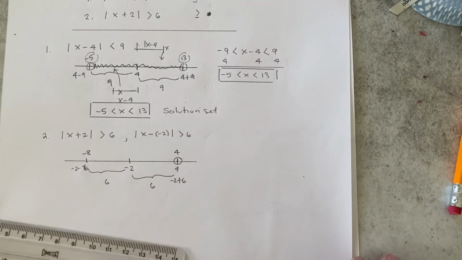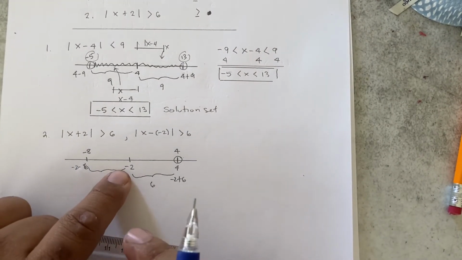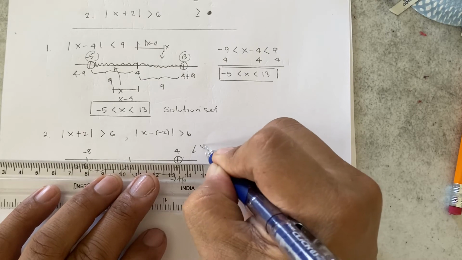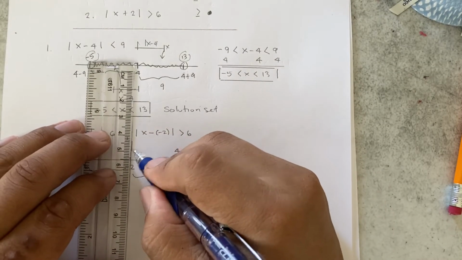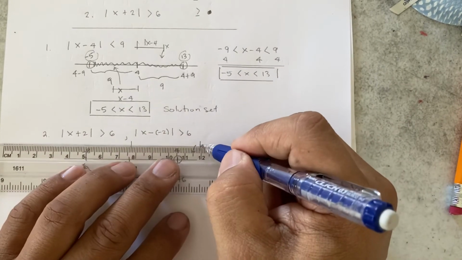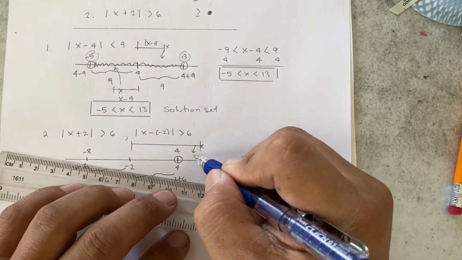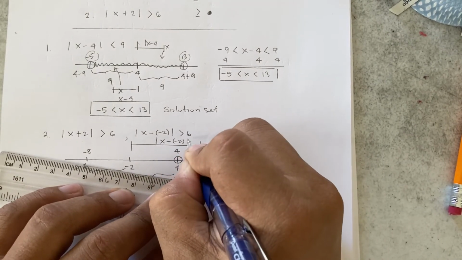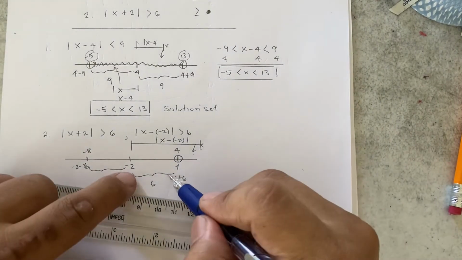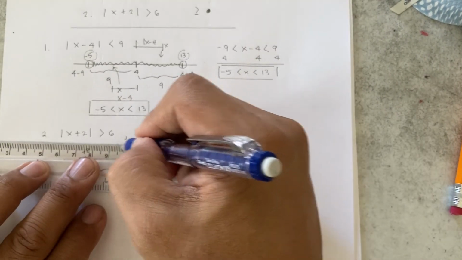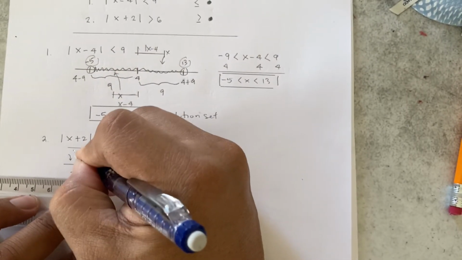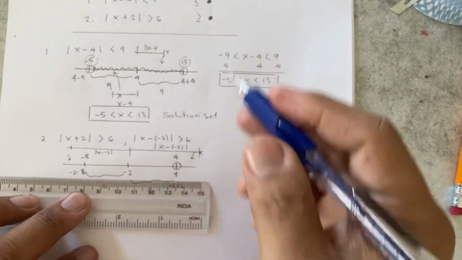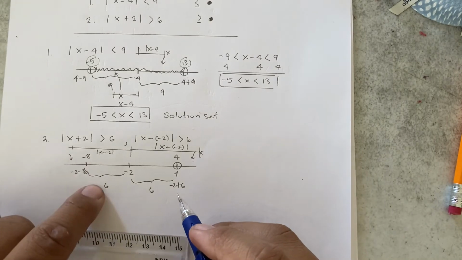Now, where would your x value have to be to get the distance from x to negative 2 bigger than this length 6? It has to fall outside of here. So if we picked an x value in here, this is your x, absolute value of x minus negative 2. Notice this length is bigger than 6, and if we pick an x outside of here, this distance, x minus negative 2, is greater than 6.